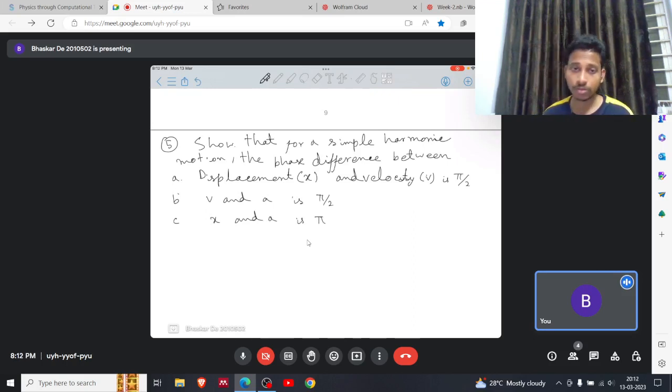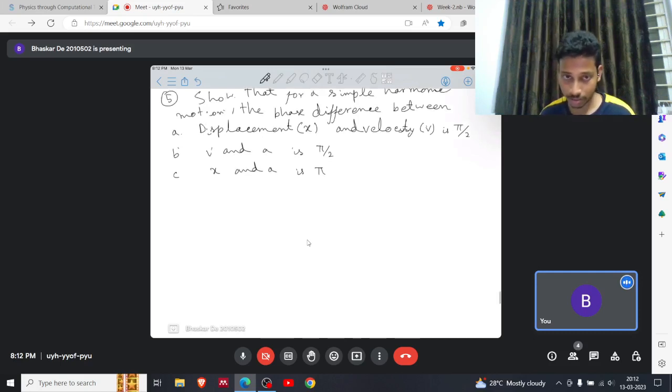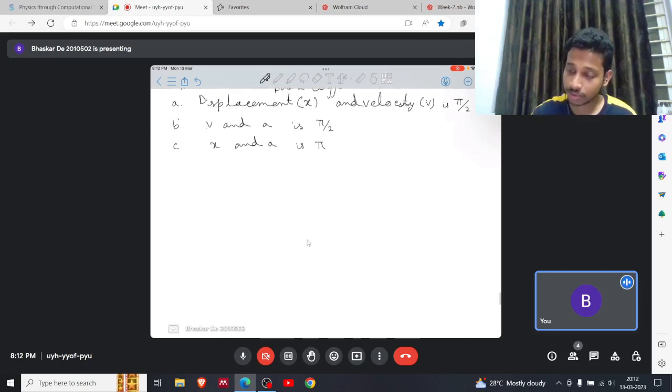So basically here we need to verify that the phase difference between displacement or x and velocity or v is pi by 2, the phase difference between velocity and acceleration is pi by 2, and the phase difference between displacement and acceleration is pi radian.